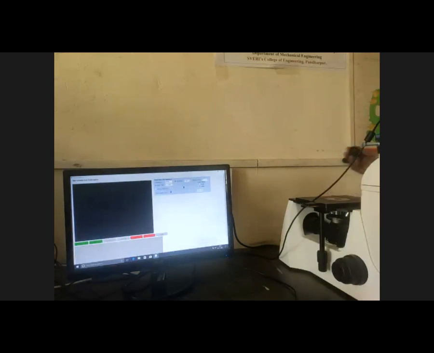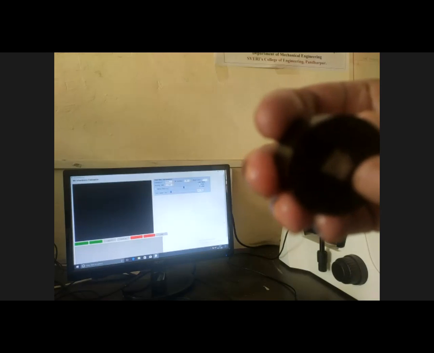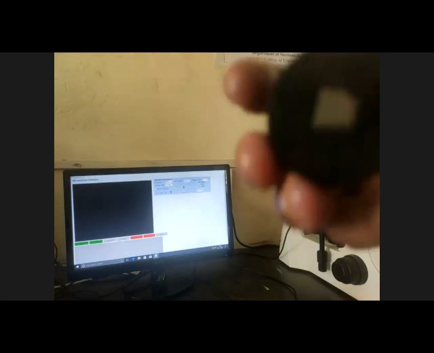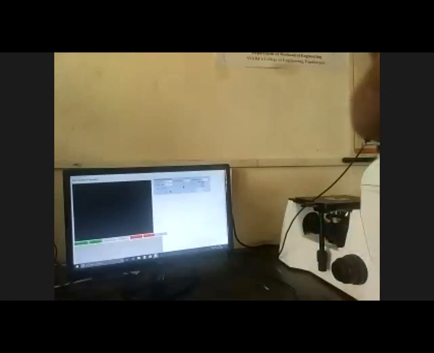So this is the specimen, and this part is actually our cast iron part. How have we made this specimen? After etching, keep it on the microscope, and then you will see the structure of this.